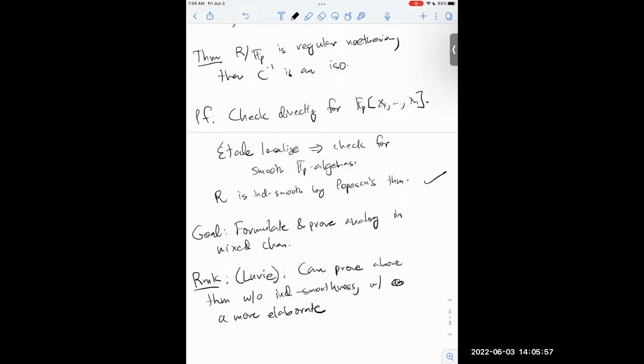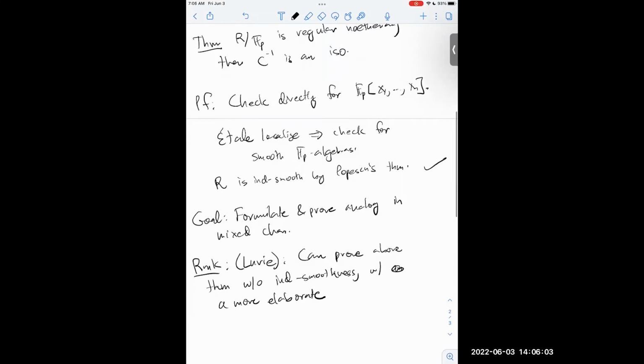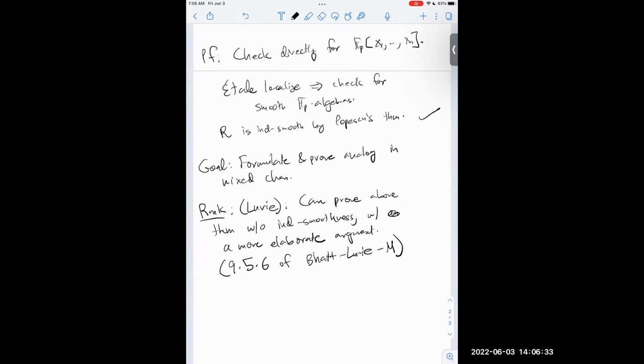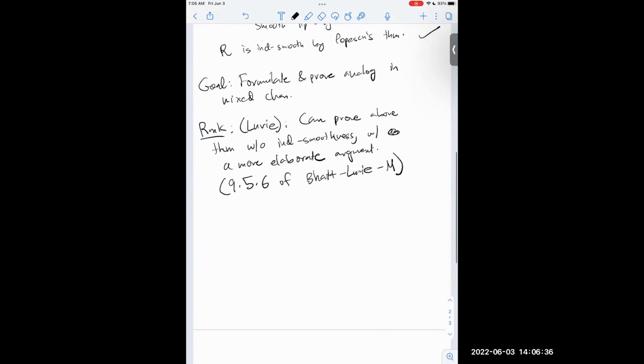I will essentially explain this in the mixed characteristic setting. But if you're curious, this remark is explained in some detail in equal characteristic in 9.5.6 of our joint paper with Lurie and myself on the de Rham–Witt complex. So essentially, it's going to be an analog of this. Okay, so that's a side remark for now.